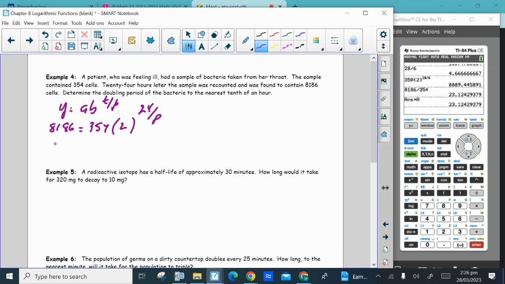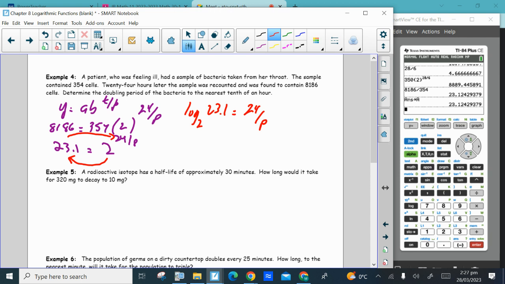But if you're writing it down, we'll say it's approximately 23.1 equals 2 to the power 24 over P. And once again, we will change it from exponential to logarithmic. We'll start with the base and cycle through. So log base 2 of 23.1 must equal 24 over P.